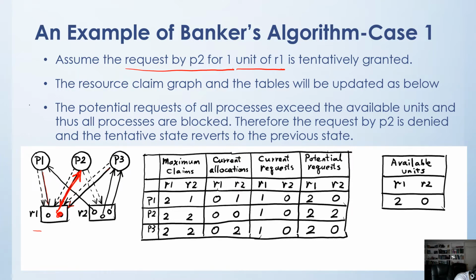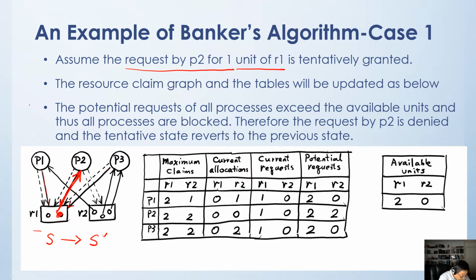Now 1 unit of R1 is allocated. This changes the diagram from the current diagram S to S prime. Now we're going to check whether S prime is in a deadlock state. If it is, we're going to revert.